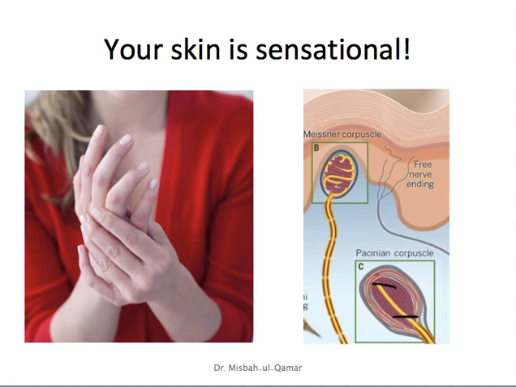There are Meissner's corpuscles, which are there for the detection of light touch. And these corpuscles are egg shaped. They are located in the dermal papillae, and they populate the areas in the fingertips, palms, soles, eyelids, and the tip of the tongue.